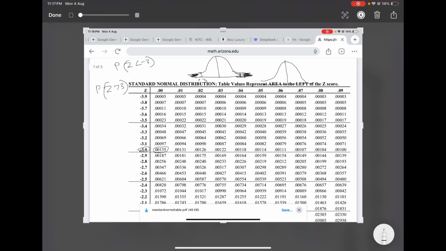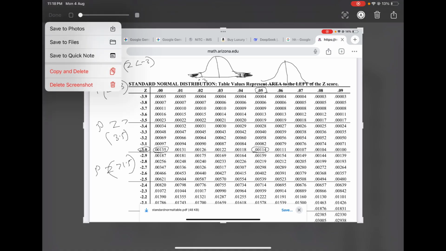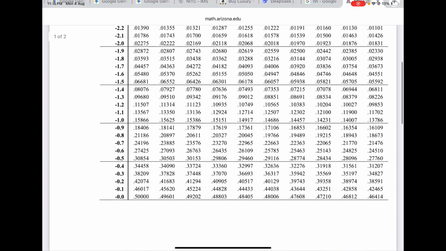So this is how you look at the table. For example, if you want to find P of Z greater than 3.5, you will look here. It corresponds to 3.5, it is 0.00114. So in our question, we need to find Z greater than 1.5. For that, let us look at the table here.